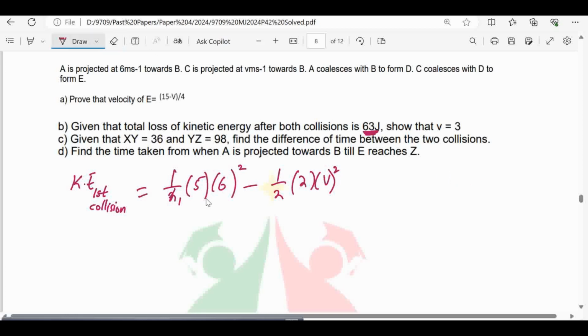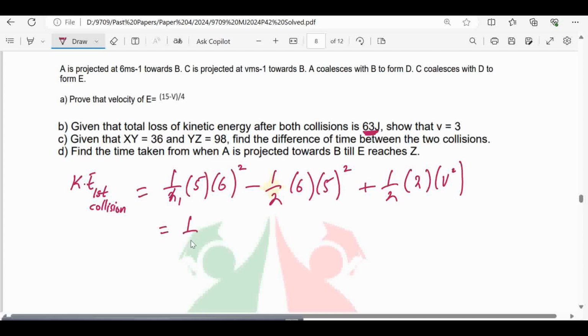So 1 by 2 into 5 into 6 squared, let me rephrase it, this will be minus 1 by 2 into the second particle 5 squared, this was the loss, final minus initial, plus 1 by 2 of 2 into v squared.